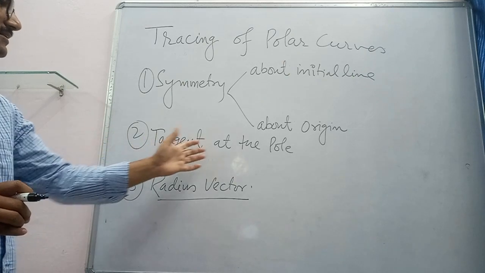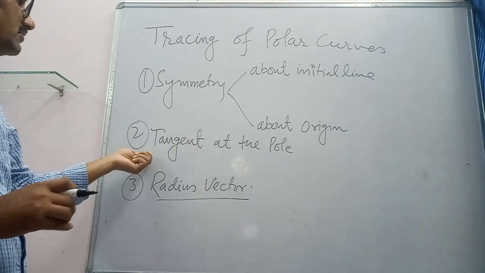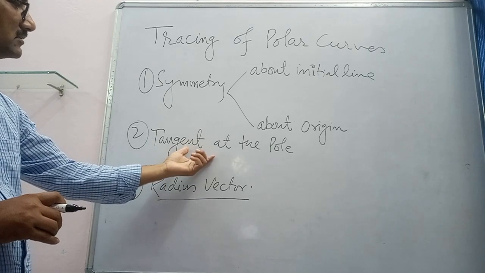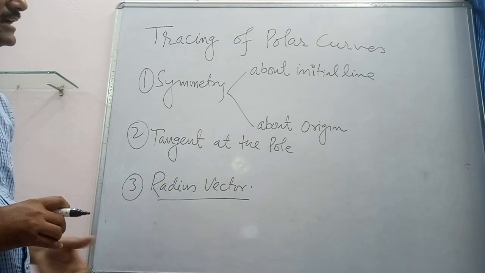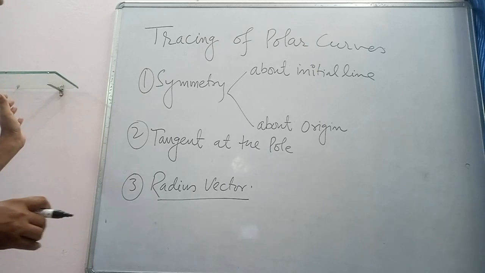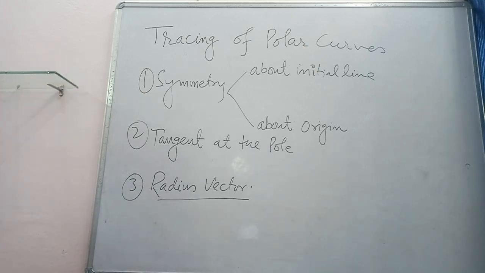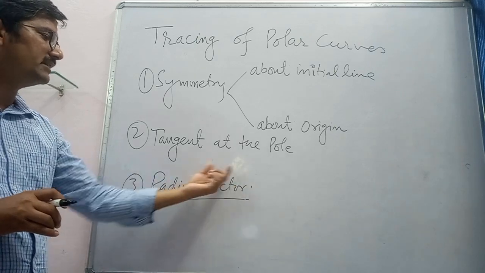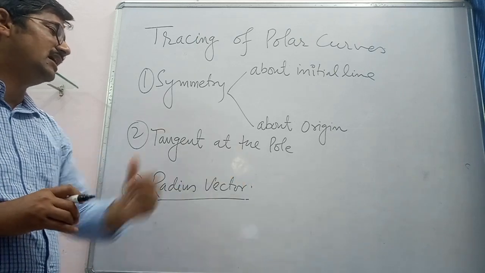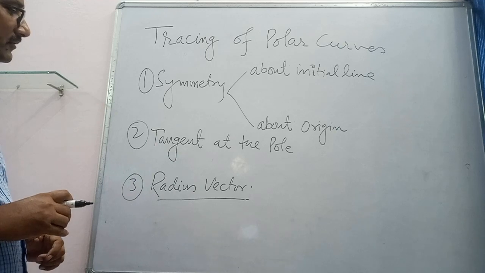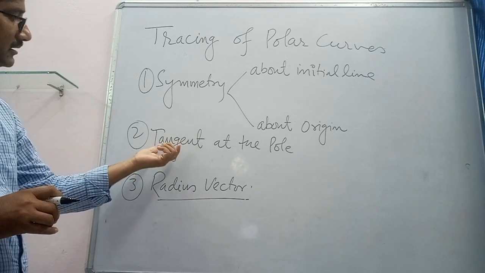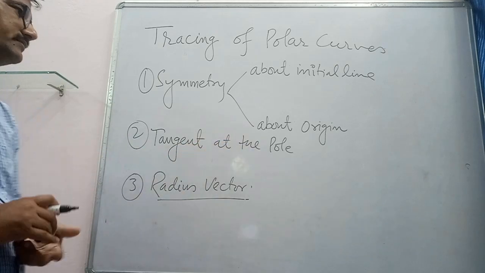Then tangents at the pole, which is analogous to finding the tangents at the origin in the case of Cartesian curves. And then radius vector. We will try to find the value of radius vector, meaning r, for which we have not calculated r in the case of tangents at the pole.